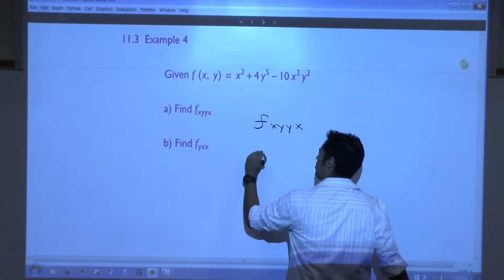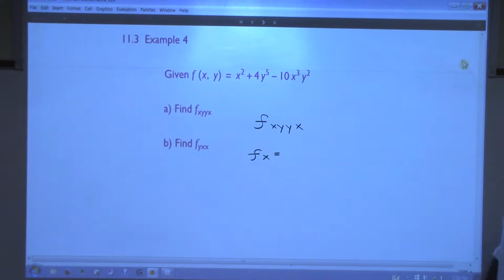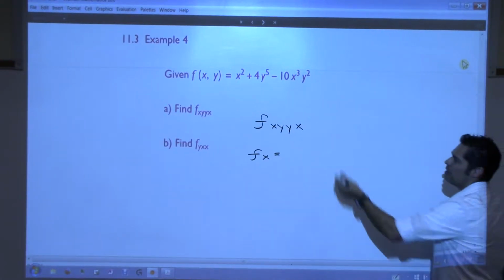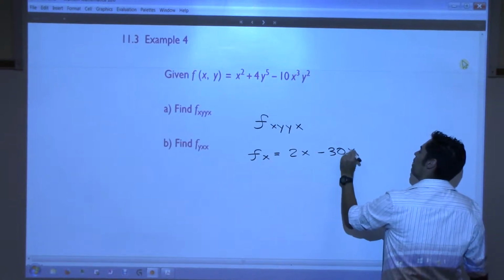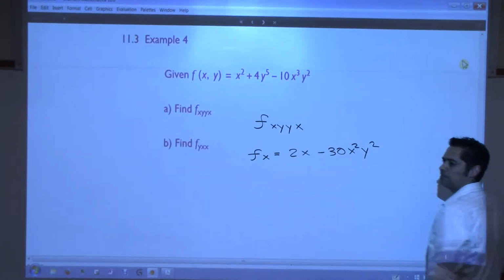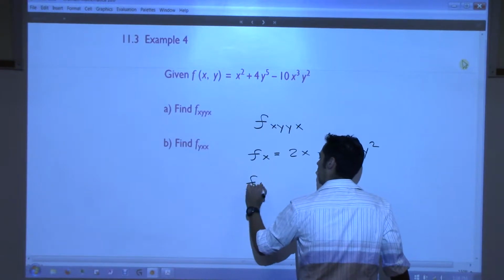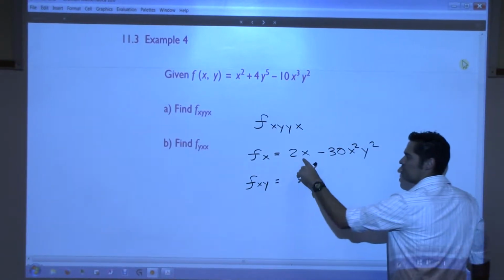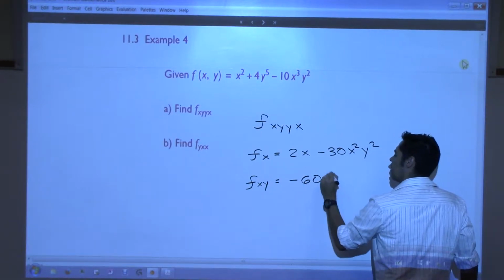So first, start with the partial with respect to x. We've already done this problem, right? 2x minus 30x squared y squared. Isn't that what we got? Now the partial of that with respect to y, which is 0, and then negative 60x squared y.